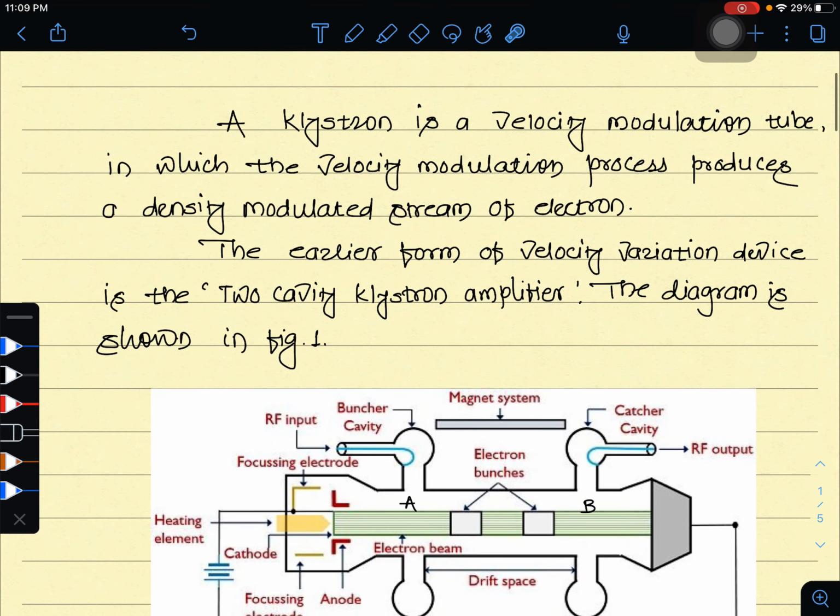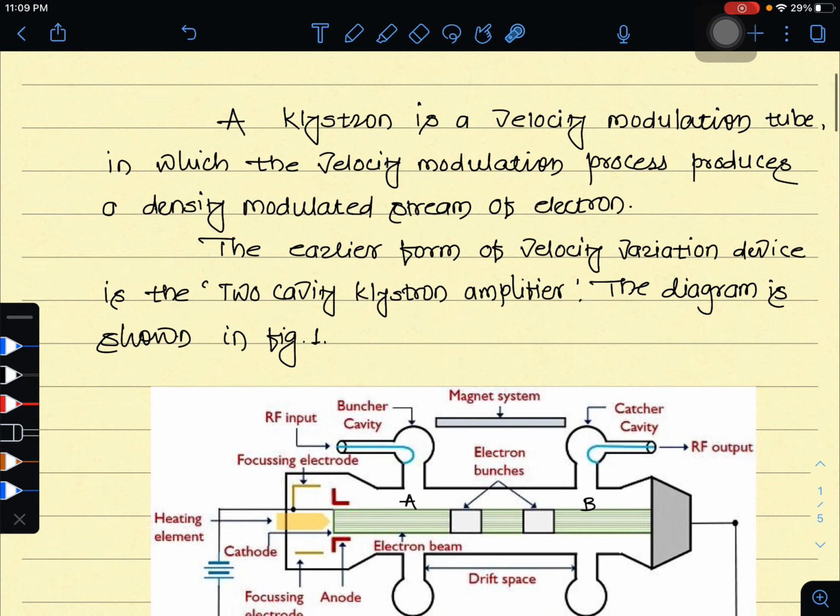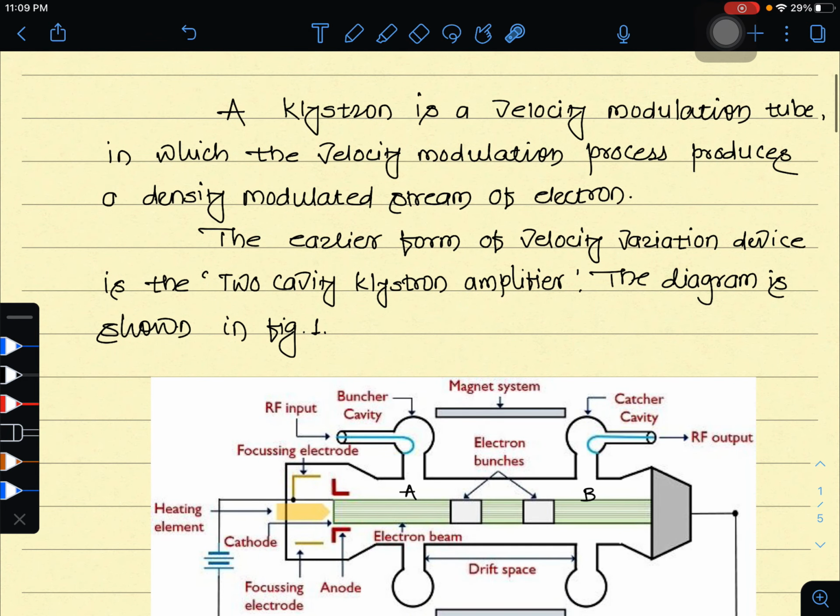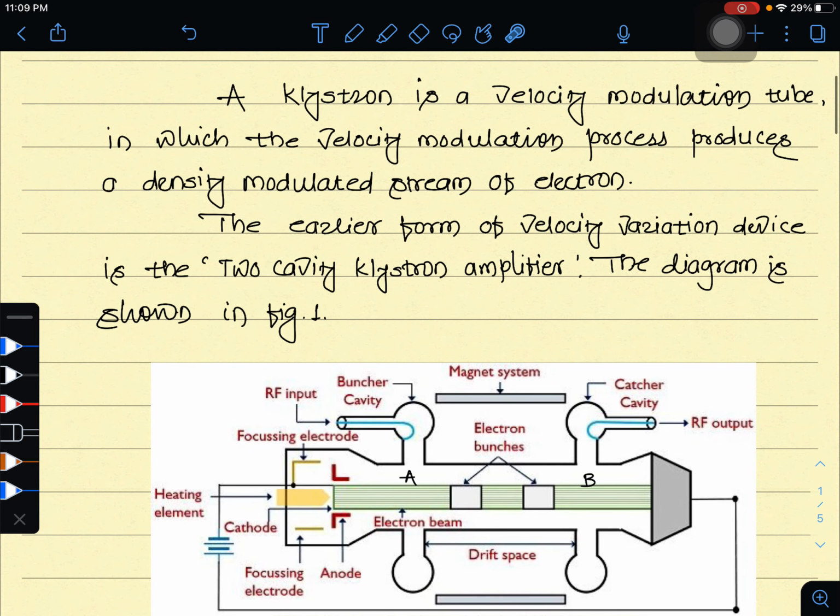The klystron is nothing but a velocity modulation tube in which the velocity modulation process produces a density modulated stream of electrons. That means it's a simple thing.